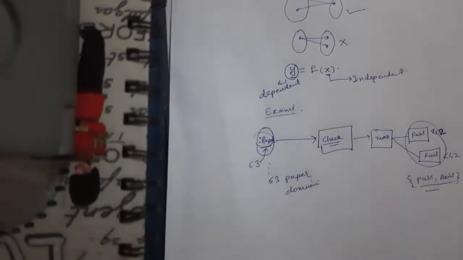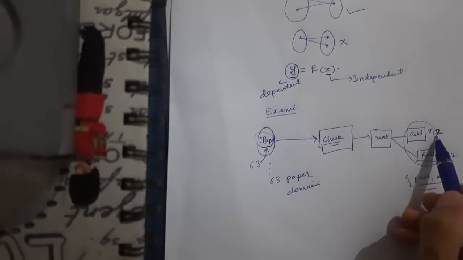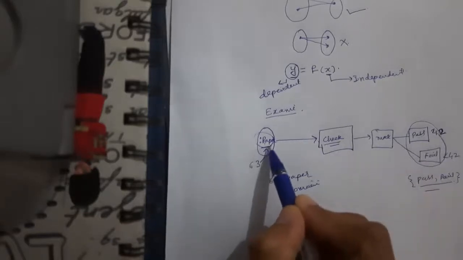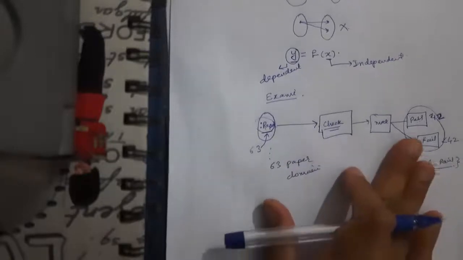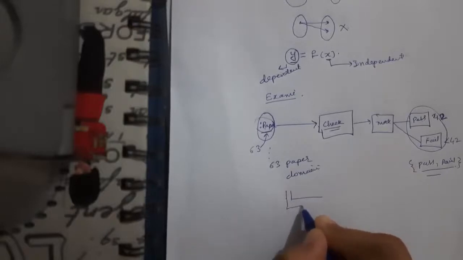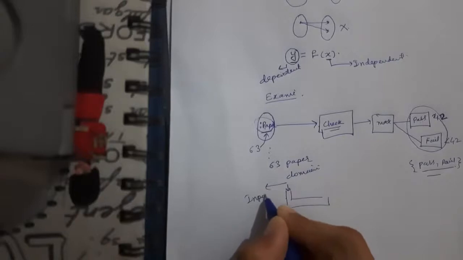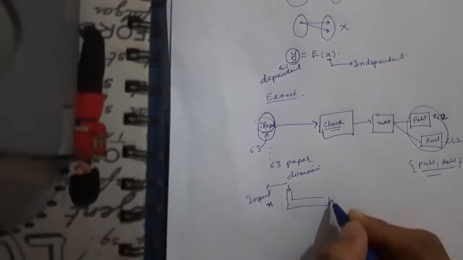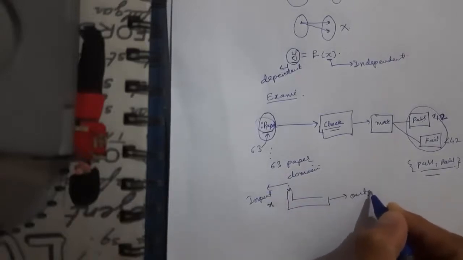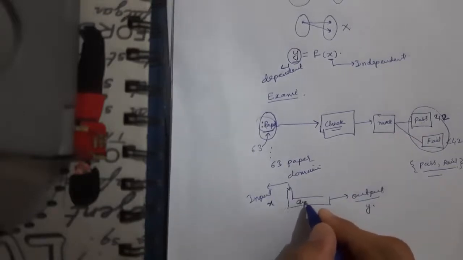You can write anything in your paper. If you want to pass, then you must write the paper in such a way that you score 42 marks or more. So in a function, simply remember that we have something we input, that we indicate with x, and then we get an output that we indicate with y, and certain rules are there.